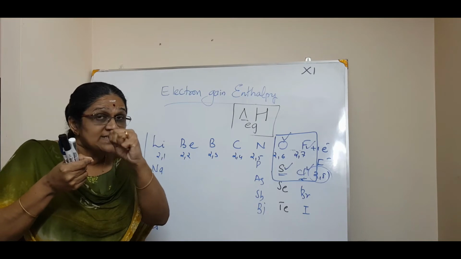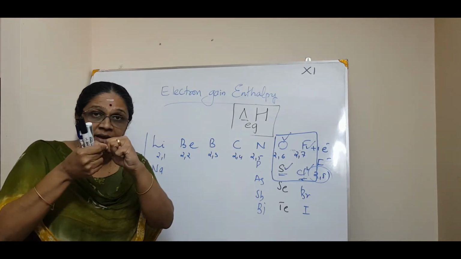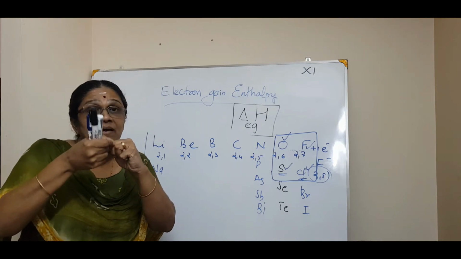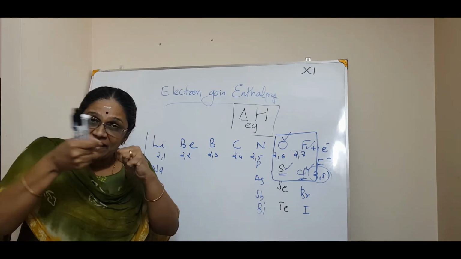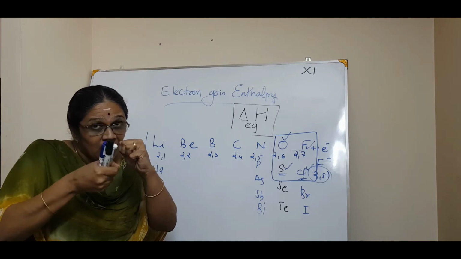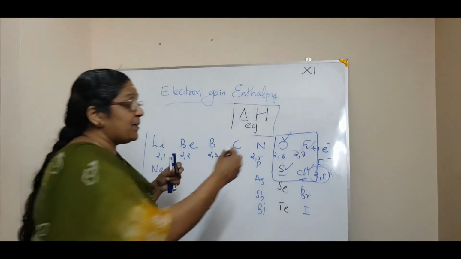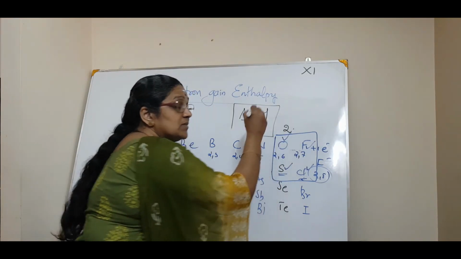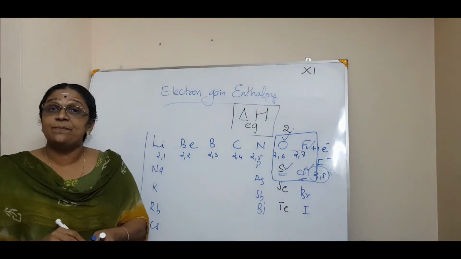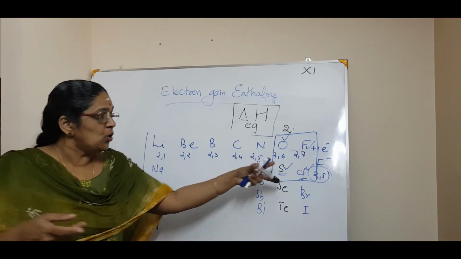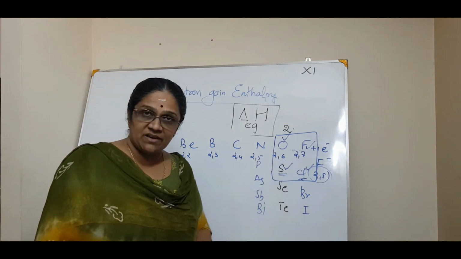Being small in size, oxygen and fluorine have a greater repulsion of electrons among themselves, the incoming electron as well as the outer electrons, because in oxygen and fluorine the principal quantum number is 2. The outer electron has principal quantum number n equal to 2, that is 2s2, 2p4 and 2s2, 2p5.